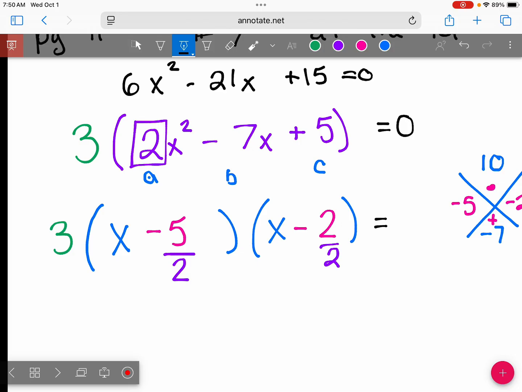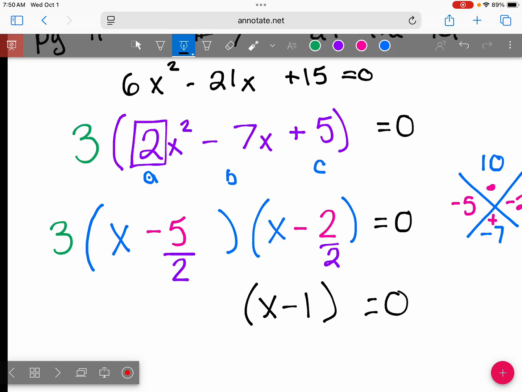Then we need to simplify each of these fractions. Does this simplify? To what? X minus 1. I'm going from the right to the left, but it's a choice. So this becomes x minus 1. Does this simplify? No. 5 over 2 is going to be decimally no matter what.